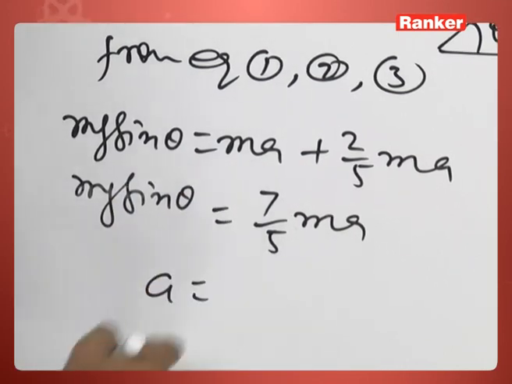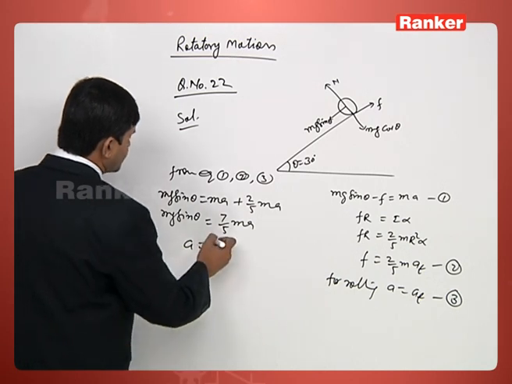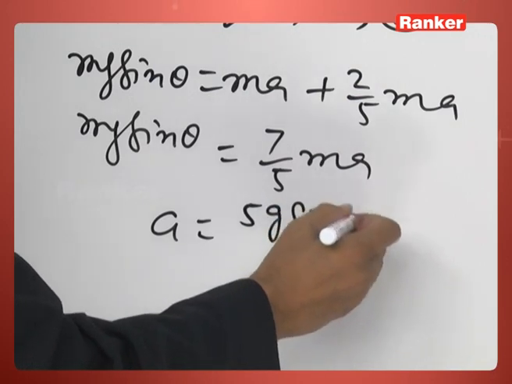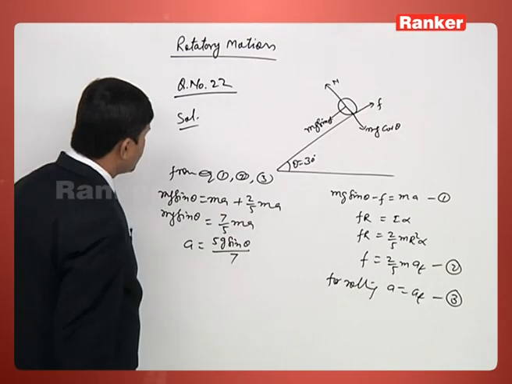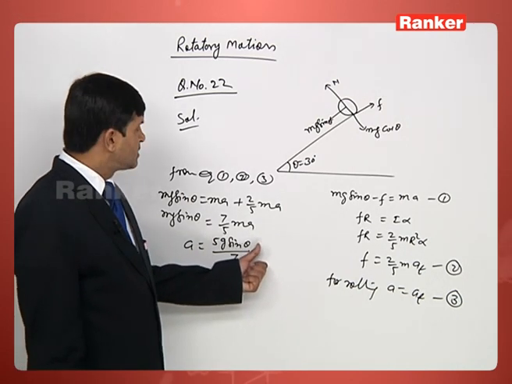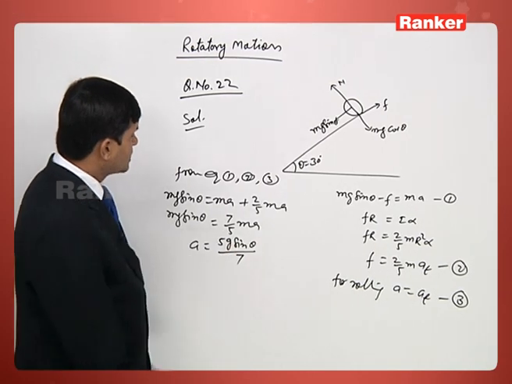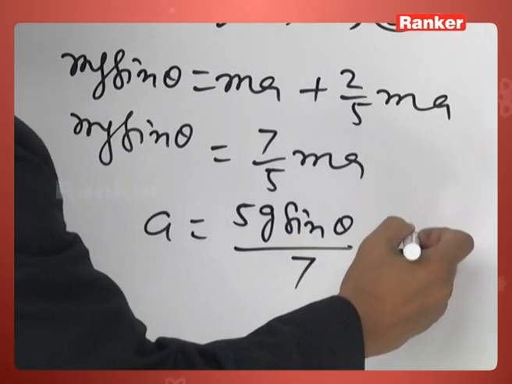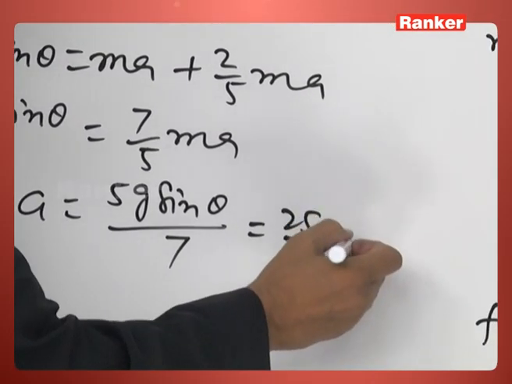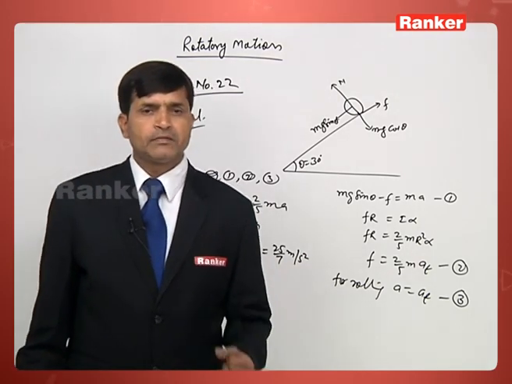So a is equal to 5g sin theta by 7, and theta is 30 degrees. So sin theta is 1 by 2, g is 10. So this will be 25 by 7 meter per second square. This is the acceleration of the particle.